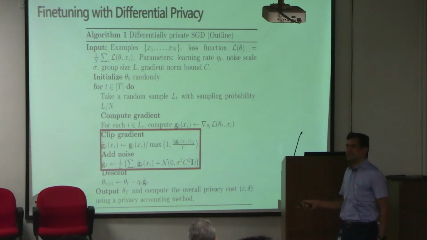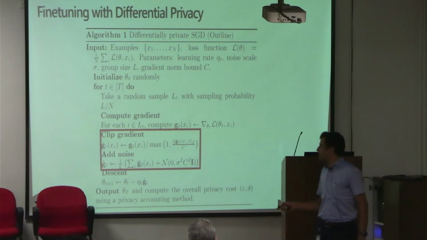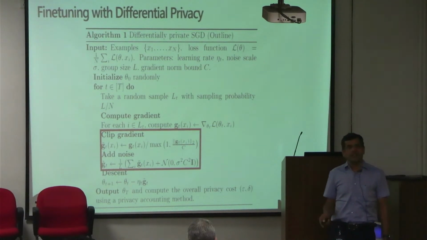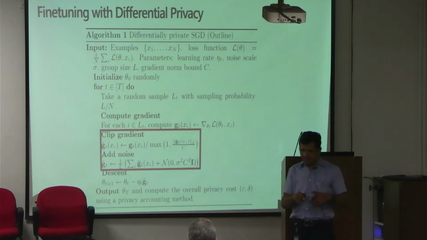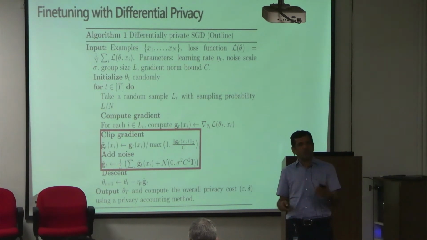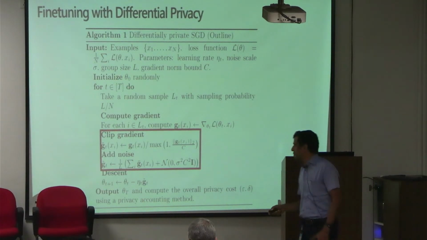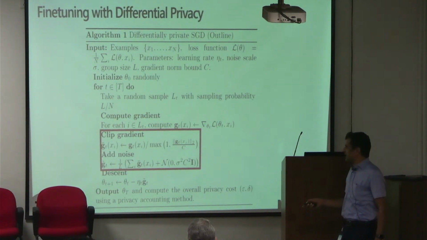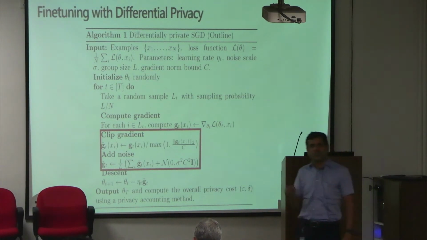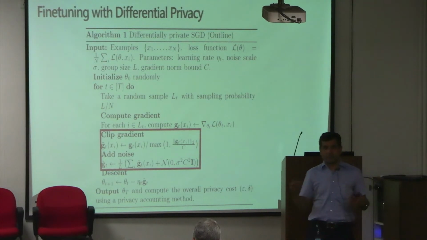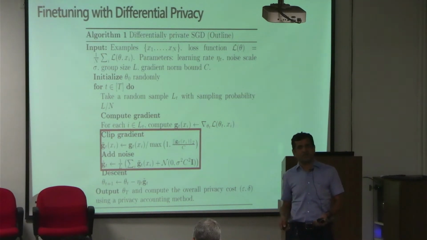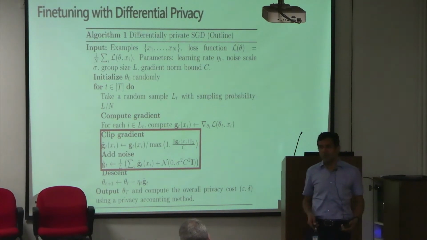Whatever gradient you get, you add noise into the gradient, so that it doesn't depend on only a few data items. These are the steps where you clip the gradient and add noise into it, and this ensures protection against the membership attack I was describing, where, just based on the output, you infer which data was used for model training.